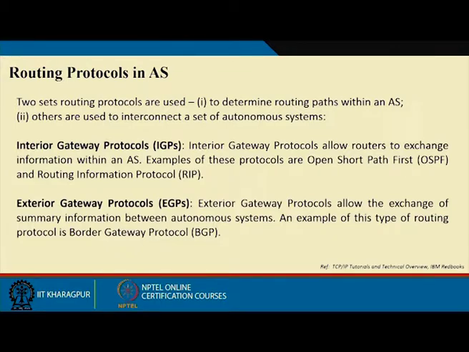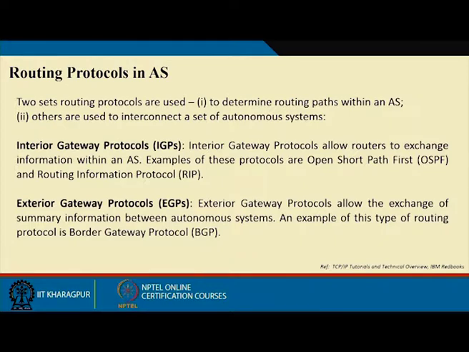Examples are Open Shortest Path First or OSPF, and Routing Information Protocol or RIP. These are the popular protocols which we have already seen. These are 2 popular protocols, one based on distance vector and the other based on link state.